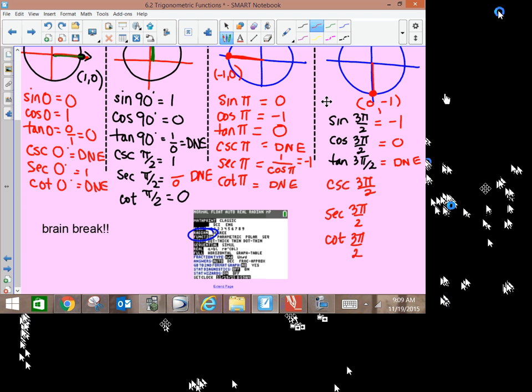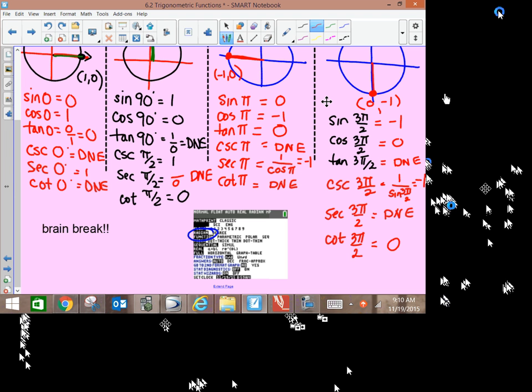Very good. Aaron, what about cosecant of 3 pi over 2? Just 1 over the sine of 3 pi over 2. Negative 1. Okay. What about the secant, Catherine, of 3 pi over 2? Does not exist. Very good. Molly, what about the cotangent of 3 pi over 2? Very good.